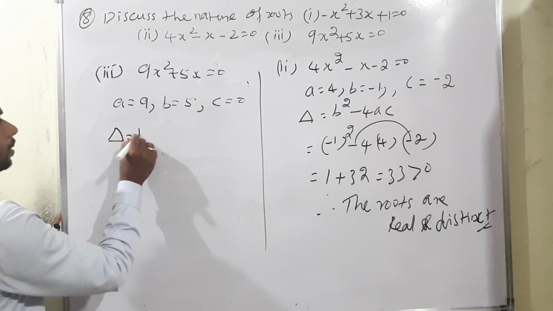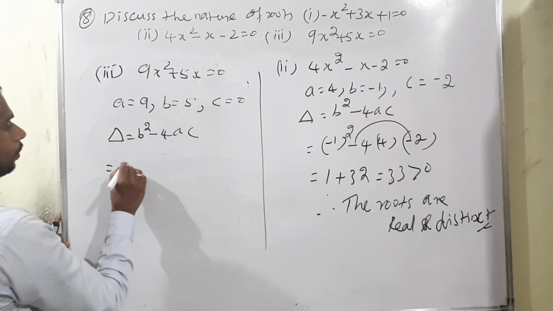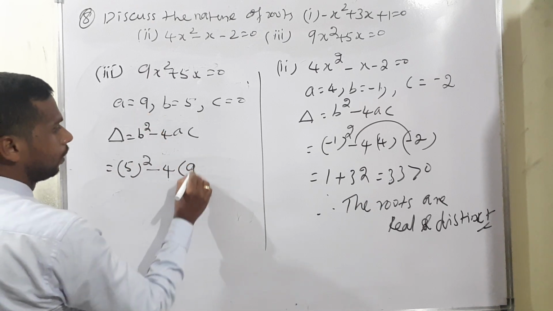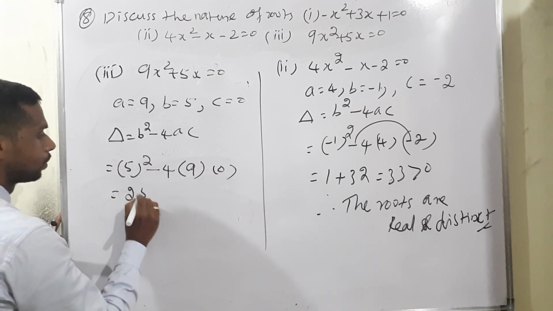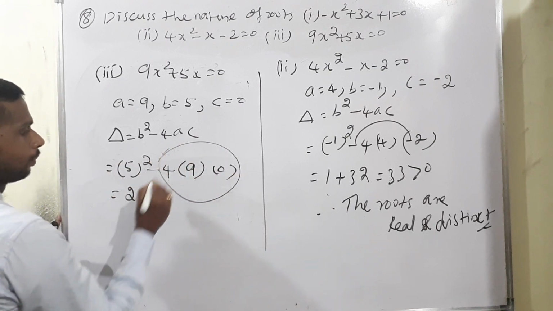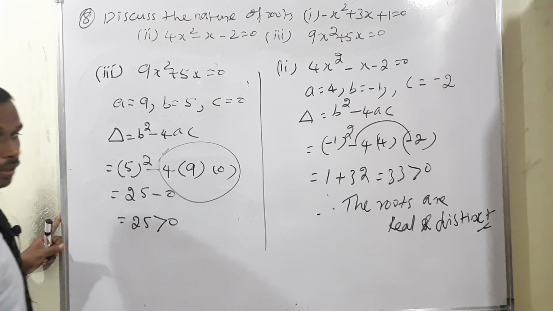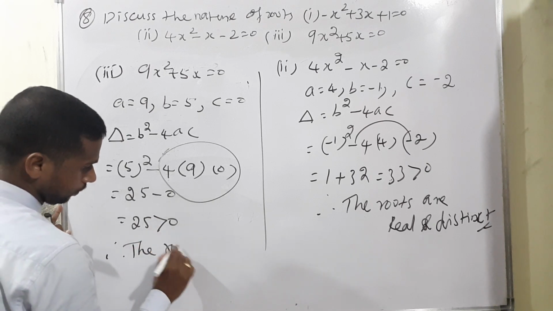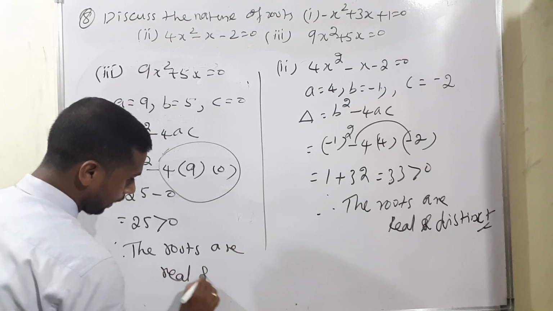Again discriminant b square minus 4ac. b square value 5. 5 square minus 4 into a value 9, c value 0. Therefore, 5 square means 25. 0 into anything means value will be 0. Therefore, answer we have 25. This is also greater than 0. The third one also, the roots are real and distinct.